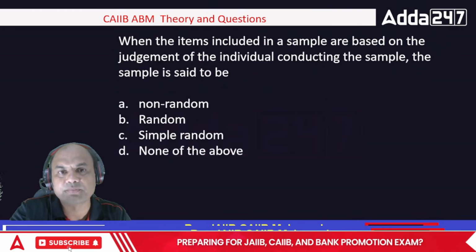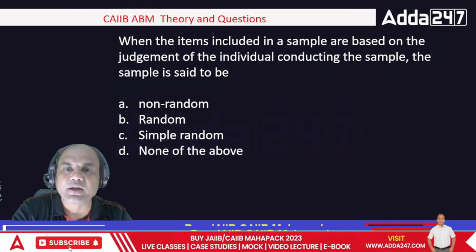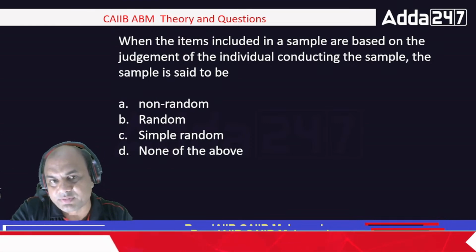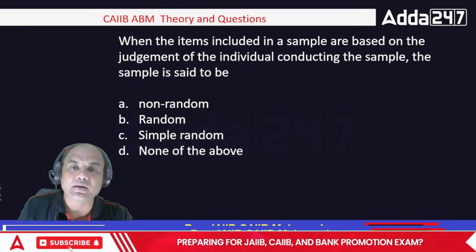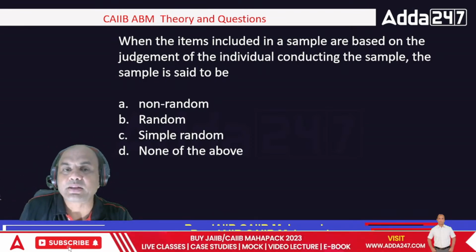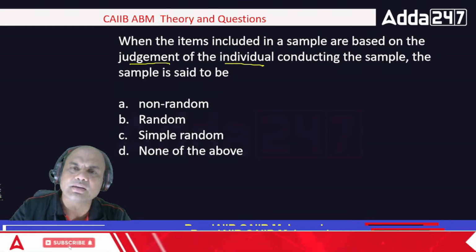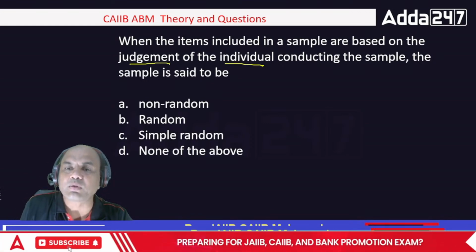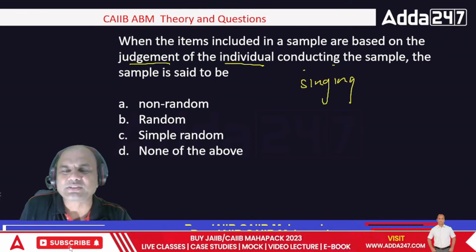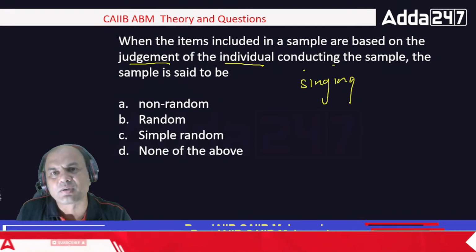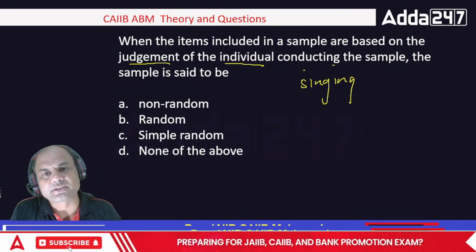Okay. When the items included in the sample are based on the judgment of the individual conducting the sample, then the sample is said to be. Items in the sample are based on the judgment of the individual. Judgment means what? Have you seen those singing competitions on television? There are singing and dancing competitions, right?